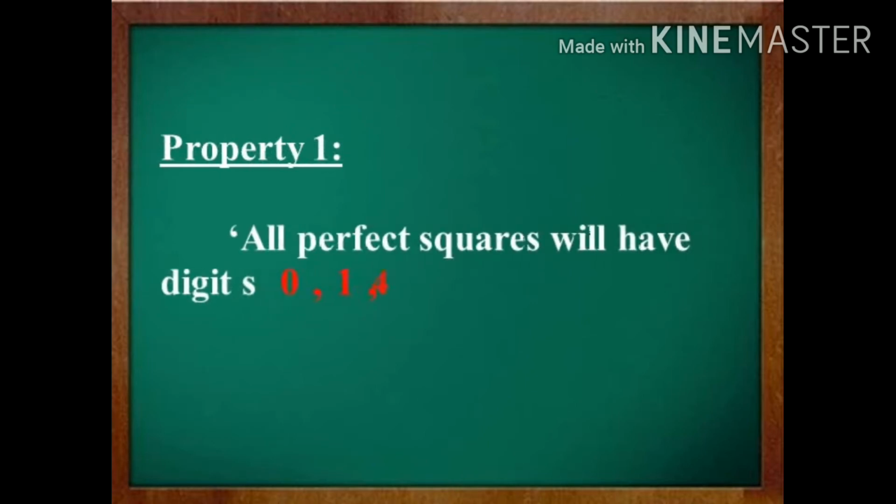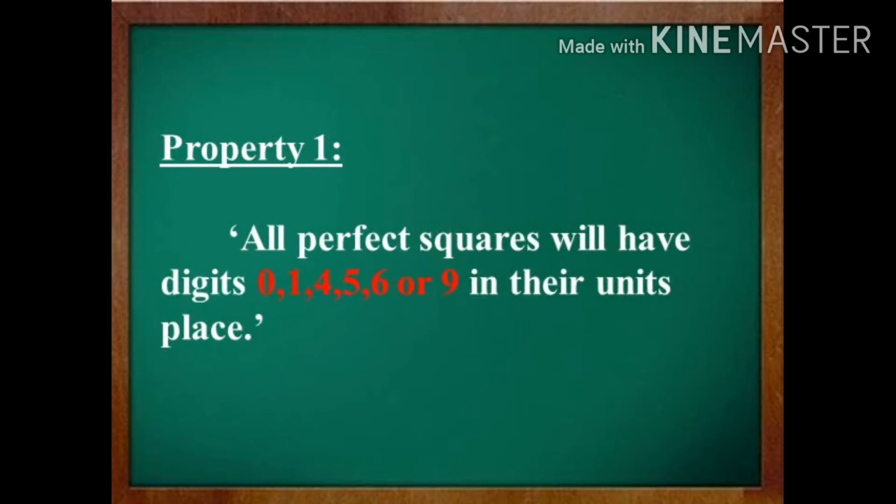This is property 1. It states all perfect squares will have digits 0, 1, 4, 5, 6, or 9 in their units place.